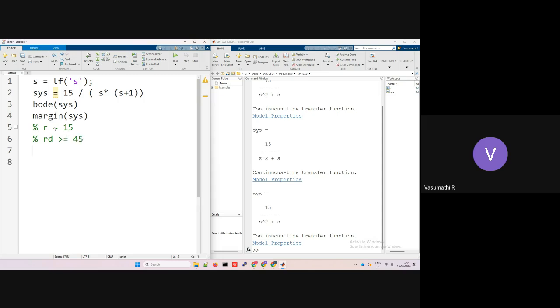Now I'm going to find the deviation between these two. What is the formula? Phi underscore m is equal to gamma D minus gamma plus some epsilon. So phi m is equal to 45 minus 15 plus some 5 degree deviation threshold I'm keeping.